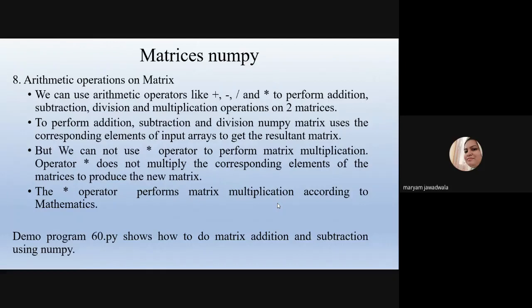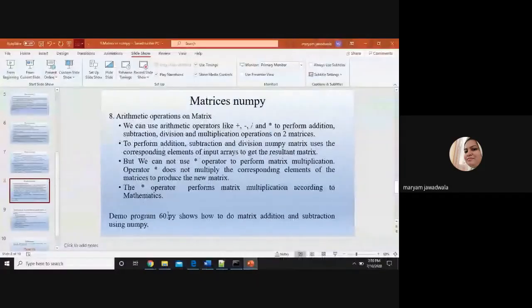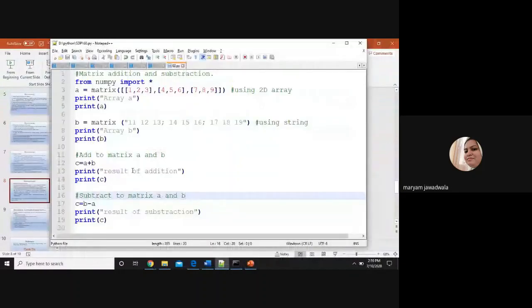The similar rule, a numpy array or numpy matrix also uses the same rule. Okay. So if you want to apply this product operator, see again the 60.py program here. In this program, suppose I want to apply multiplication.